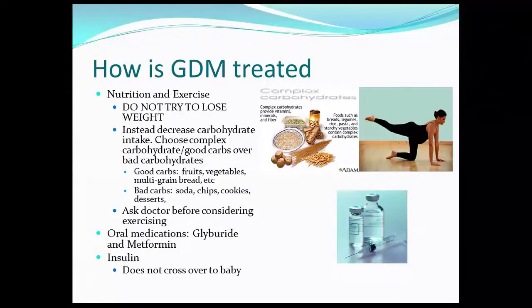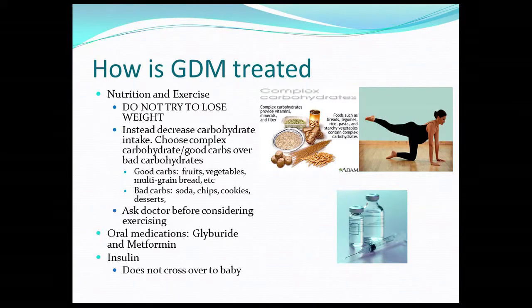So after this, how do we treat it? There are a couple of ways, depending on how abnormal your readings are when you're checking them 4 times a day. One is nutrition and exercise. Keeping in mind, like I stated before, this is not for you to lose weight.